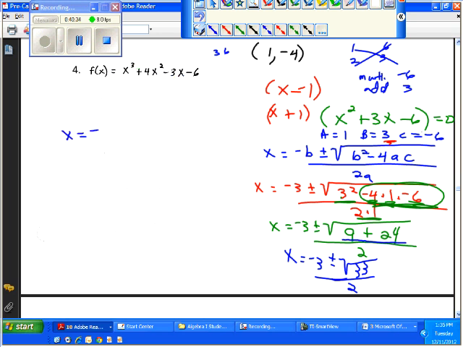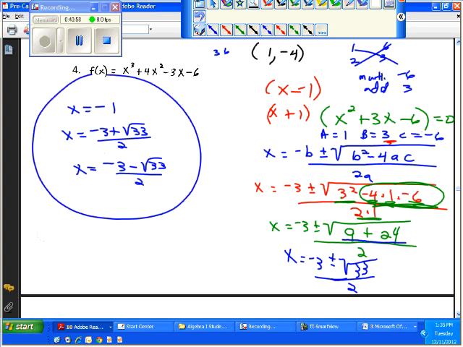And so we get x is equal to negative 3 plus square root 33, which will not break down, over 2. X equal negative 3 minus square root 33 over 2. And the first one that we had found, x equal negative 1. So those are the 3 roots of the cubic, which could be written as ordered pairs, the x's that make y 0, right?